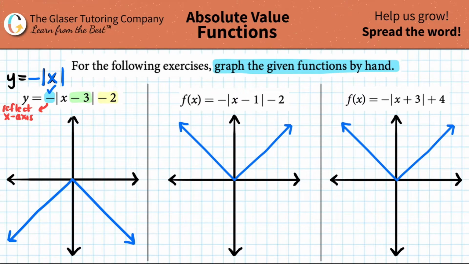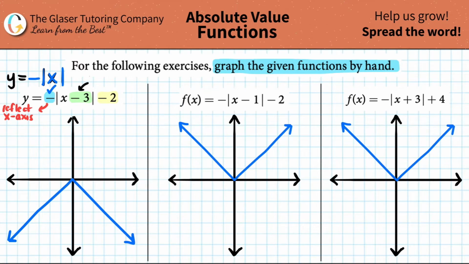Okay, so now let's work on this one. And notice that the difference between this -3 and this -2 is that this one is inside the absolute value. This -2 is outside the absolute value. That's the difference. There are transformations, shifts based off of if you are inside the actual function or outside the actual function.